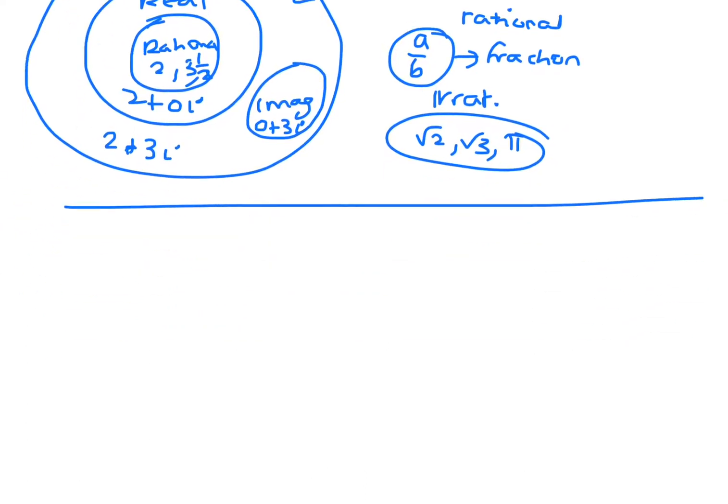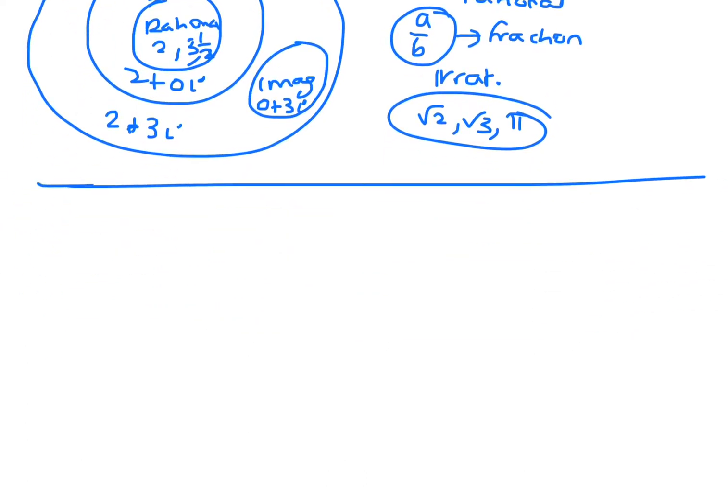So if you're going to factorise something over these different fields, for example, factorise z squared plus 4.